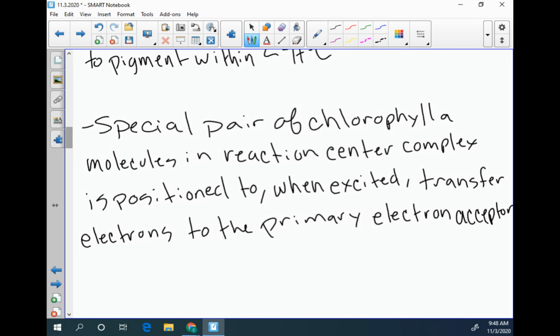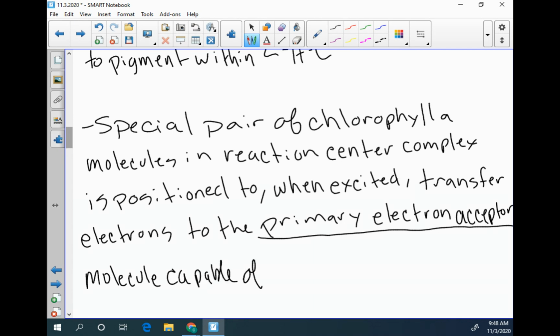Now, a primary electron acceptor is a molecule capable of accepting electrons and becoming reduced.